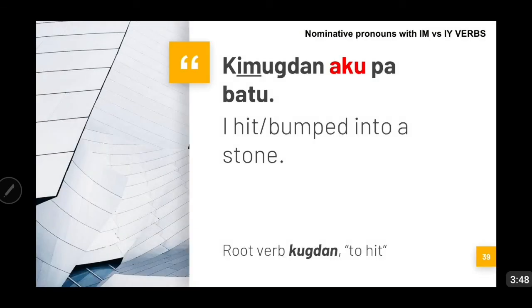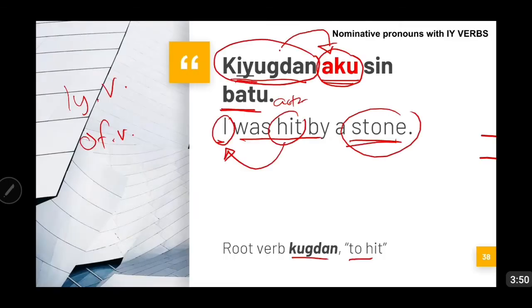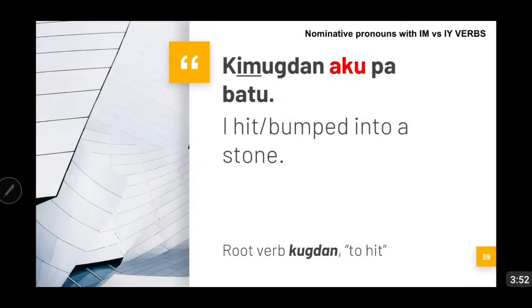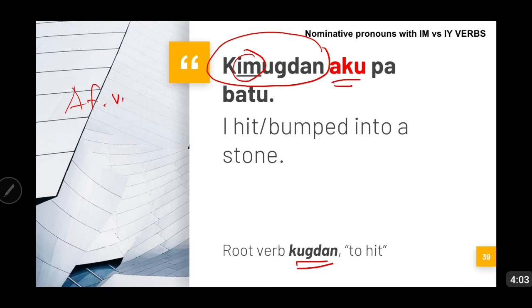Let's compare it with another example. Look, we use the same root verb, kugdan. But this time, kimugdan is an im verb. An im verb is an actor-focused verb. I'm an actor, he is not. And we have the nominative pronoun, which will always be the focus of the verb. The focus of kimugdan is the pronoun aku.